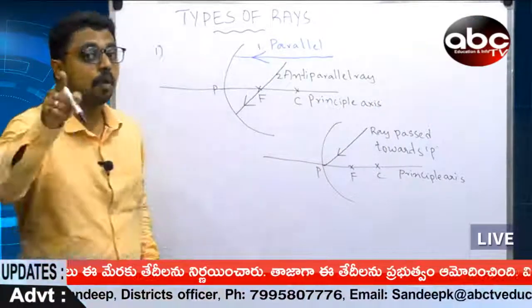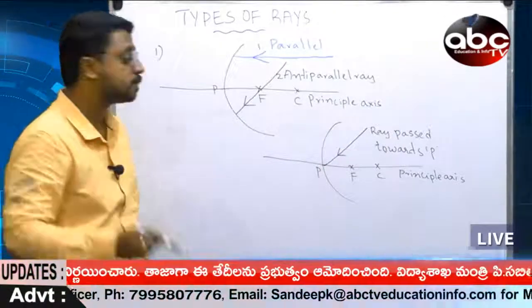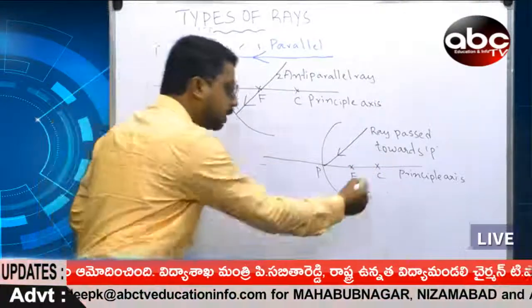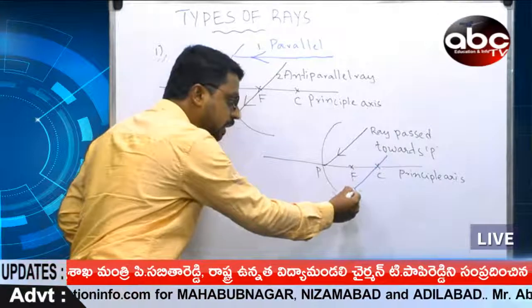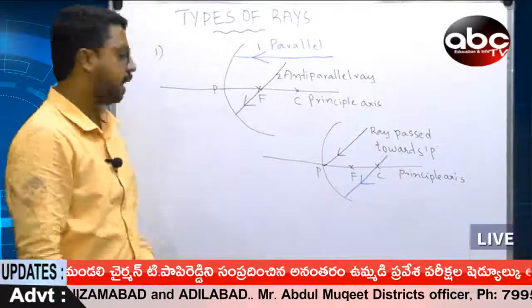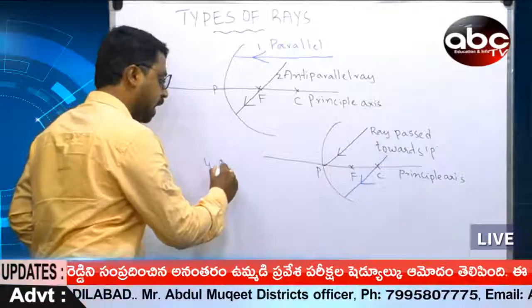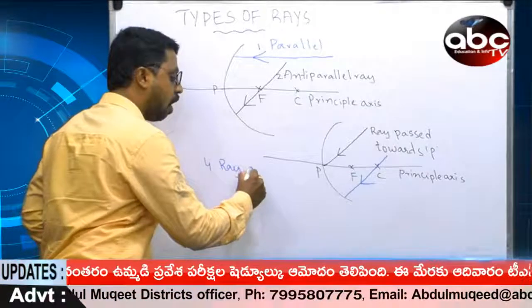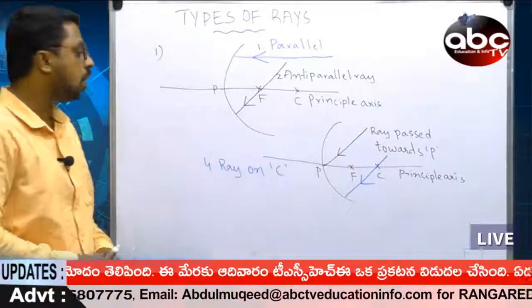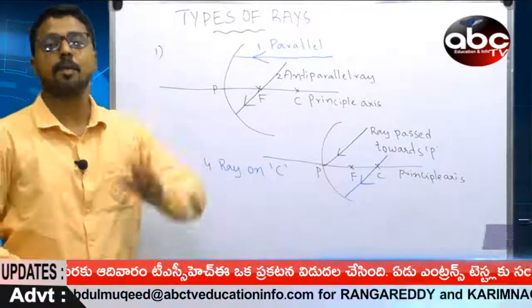Whereas the fourth type of ray which we can expect is nothing but the ray which is traveling onto the center of curvature, called C. Altogether we have four types of rays.